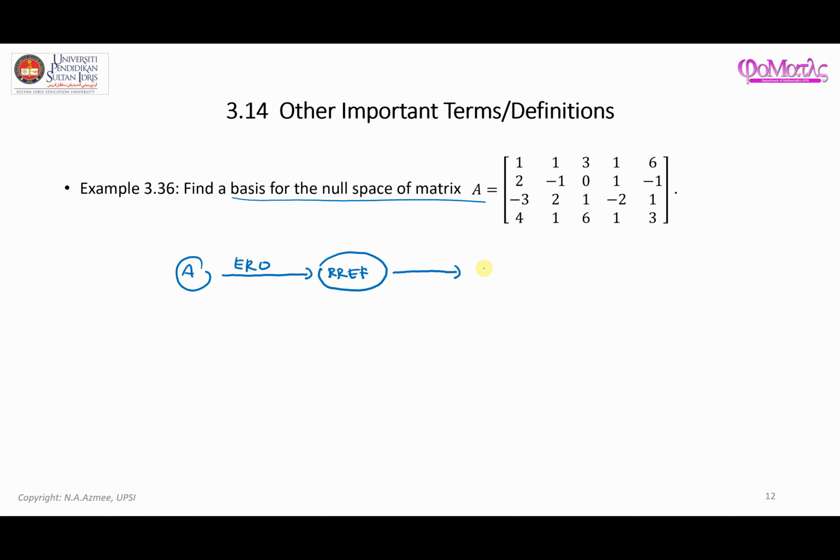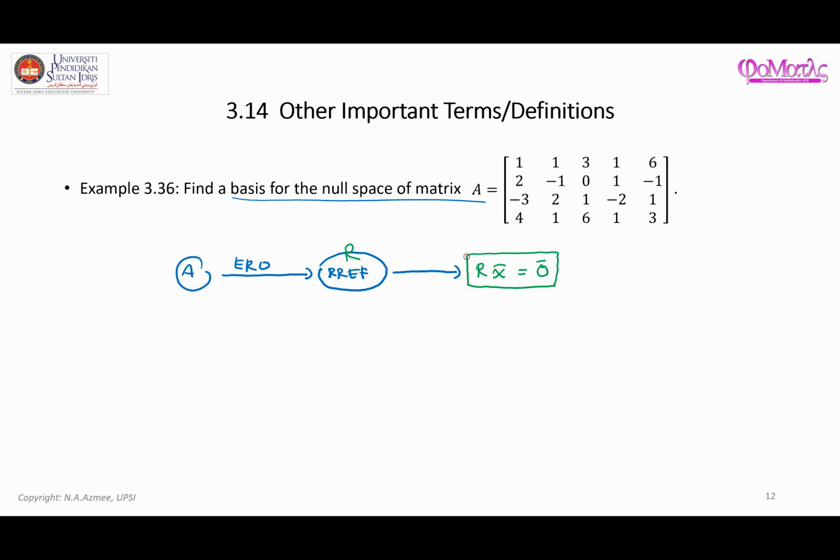Okay, so now we can consider this matrix with the unknown variables x must be equal to 0. So here we are going back to the idea of solving a homogeneous system of linear equations.